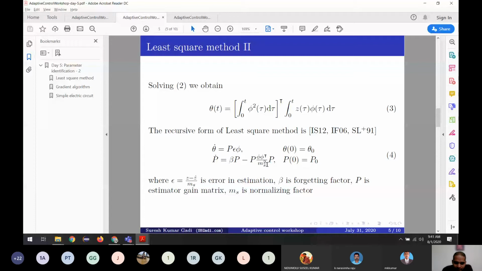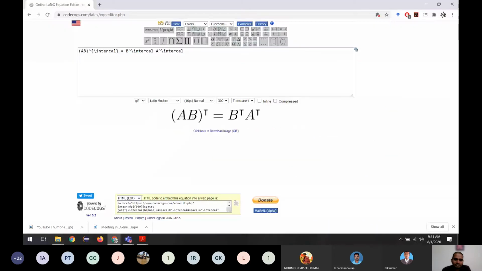Okay, we have this part. We have to multiply P times phi and phi transpose P. How do we do that? Before reaching here, let me show one matrix identity. If we have A times B transpose, this is equal to B transpose times A transpose, in matrix multiplication.